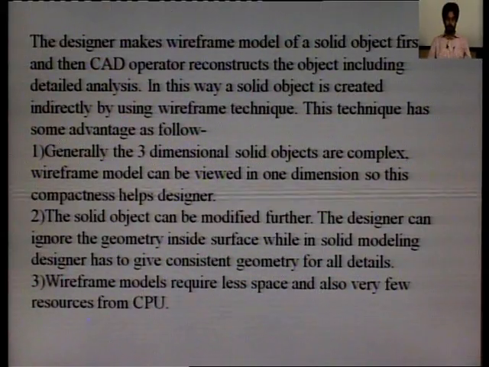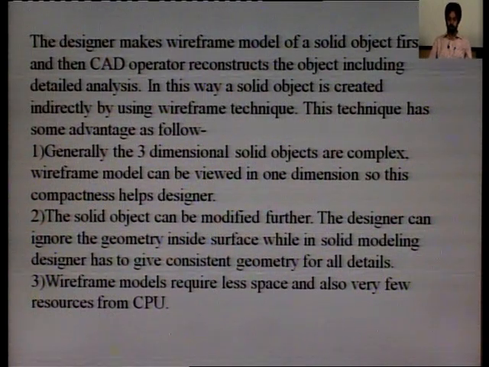Second, the solid object can be modified further. The designer can ignore the geometry inside the surface, while in solid modeling the designer has to give consistent geometry for all the details.